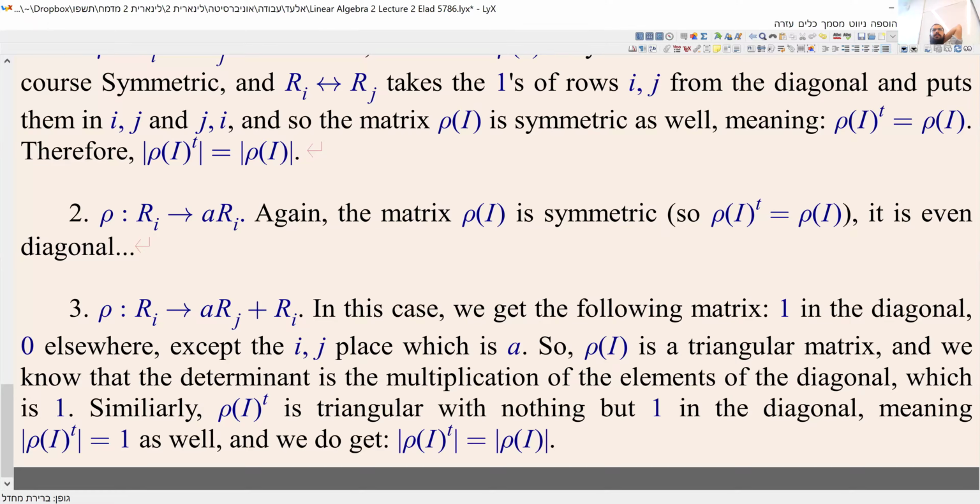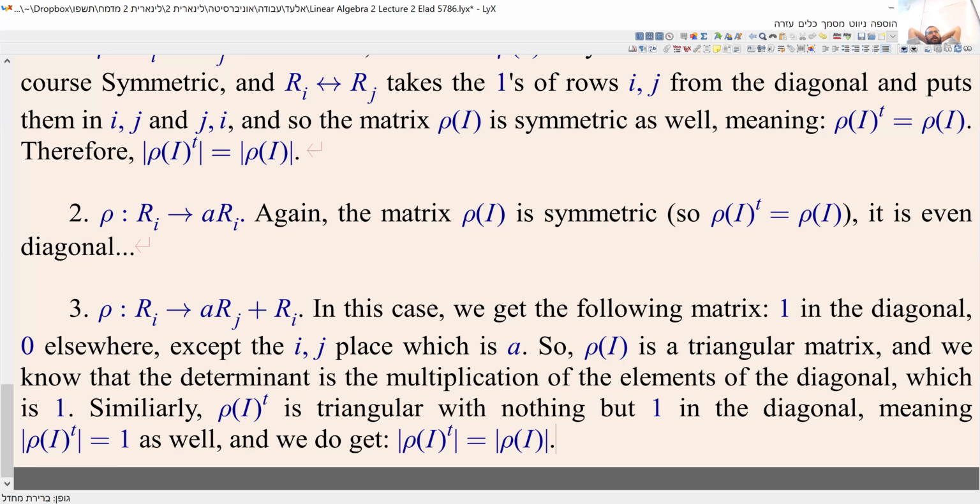Any questions? So because it's triangular, the element that's... So okay, we do the operation and go to the determinant.